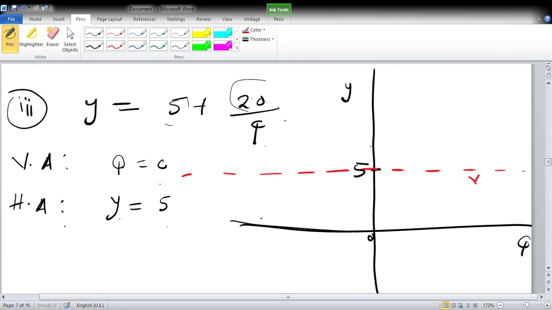This is my horizontal asymptote at 5. The vertical asymptote is still just this line passing through at 0. So what am I being told? Now sketch. Positive 20, it means how is your graph going to be in these opposite directions? So I'm going to have one this side and the other one this side.